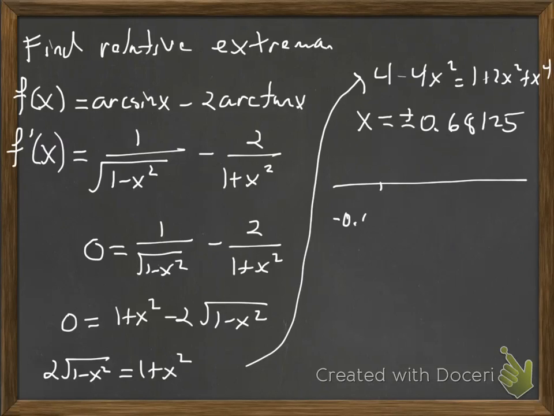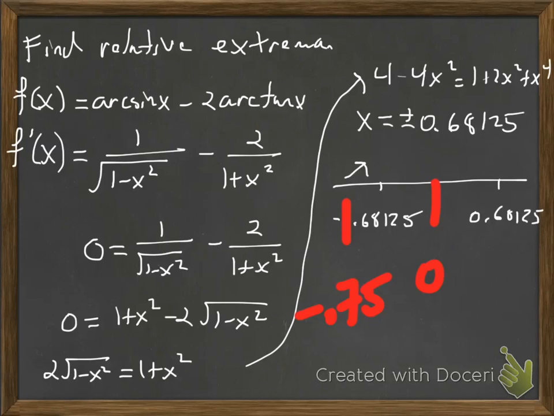0.618125. Then I made my little number line, and I tested values in the first derivative, looking for positive or negative. So over here I could have tested maybe negative 7.5. I cannot use negative 1 because it's not in the domain.